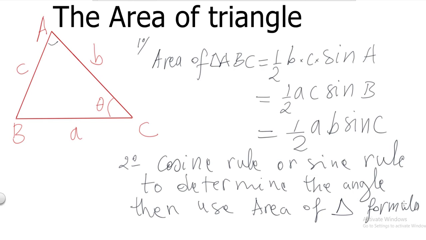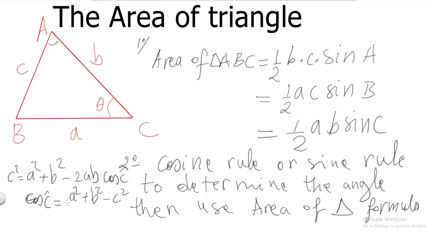Alright, we'll do these two examples. For example, if I don't have this angle theta, I only have sides A, B, C. So I will use the cosine rule with C. I will say C squared equals A squared plus B squared minus 2AB cos C, of angle C. We transpose, so cos C will be A squared plus B squared minus C squared, over 2AB.